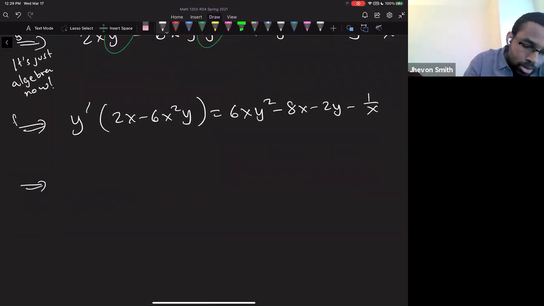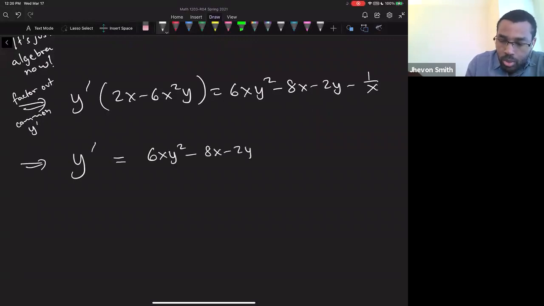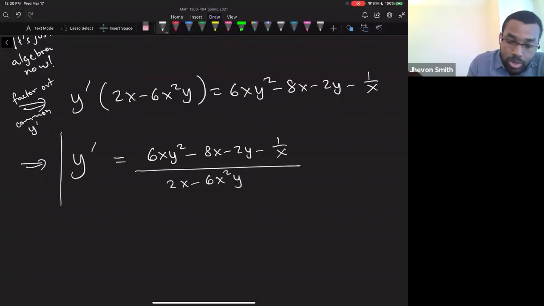So here, factor out the common y prime. And so now I can just divide both sides by the expression multiplying the y prime. So I get 6xy squared, 8x minus 2y minus 1 over x, all over 2x minus 6x squared y. And that would be the answer.